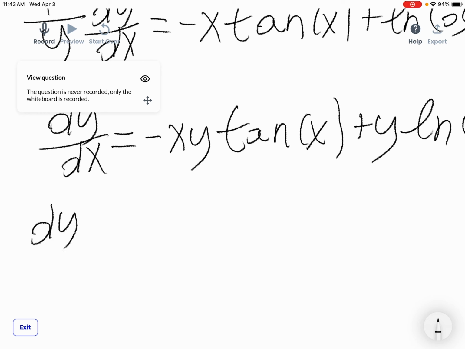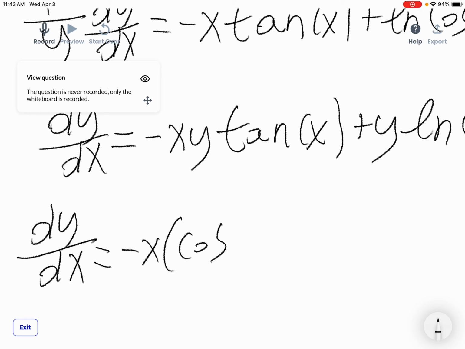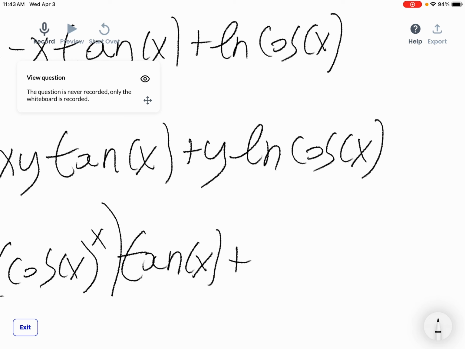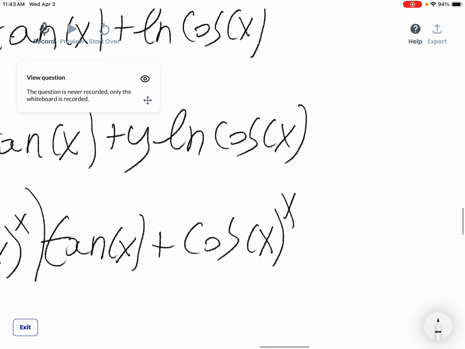So dy dx is going to be equal to negative x times y, where y is cosine of x raised to the x, times tangent of x, plus y times the natural log of cosine of x. Again, y is cosine of x to the x, and then times the natural log of cosine of x.